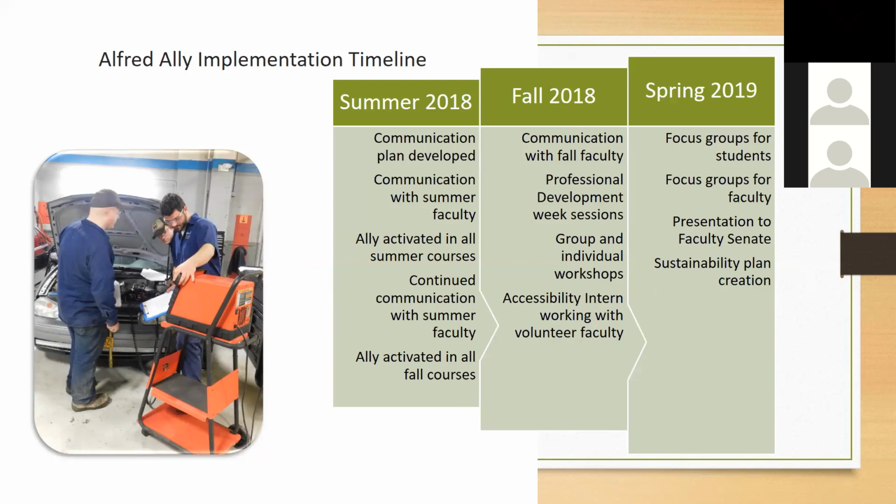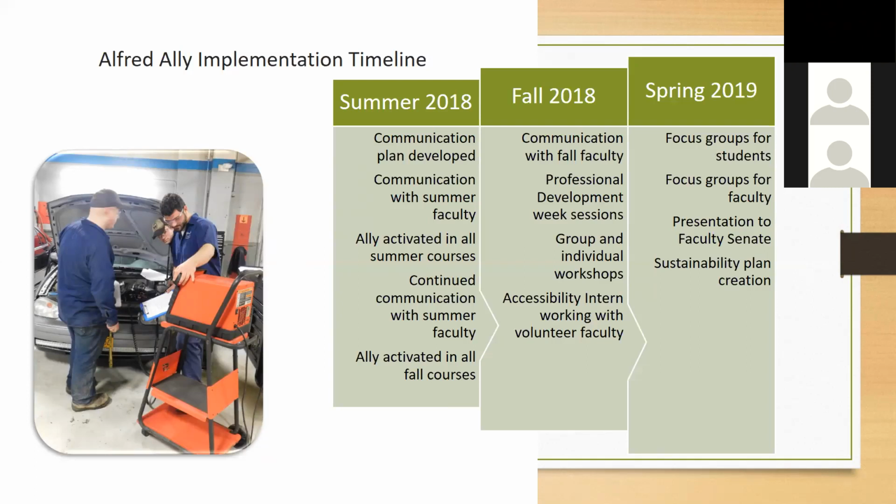We also then at the end of summer activated Ally in all of our fall courses. So during the fall 2018 semester, we continued communicating with our faculty. We have an announcement that goes out daily. We sent some specific emails to folks, and we have professional development sessions that were around the implementation of Ally at the beginning of the semester to help folks kick off, and then a couple throughout the semester to help them stay engaged with Ally and continue using it.